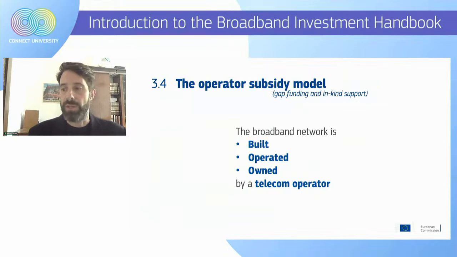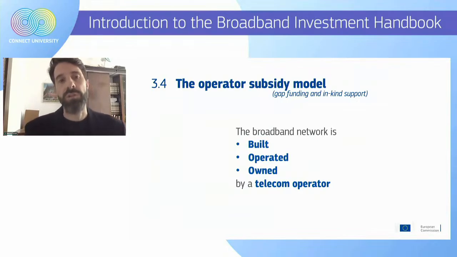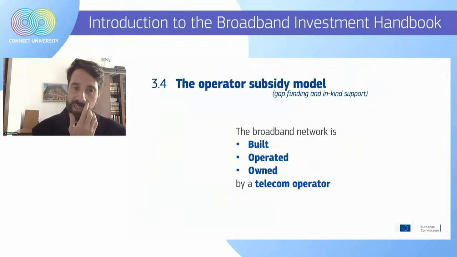So there is a gap between what is available, what is possible on a commercial basis, and what is needed to be deployed. And then the public authority intervenes to support the telecom operator to build, operate, and own the extended network, or simply a new network. Of course, it can also be a new network, but typically this has been used to support existing operators to update and expand their existing network.